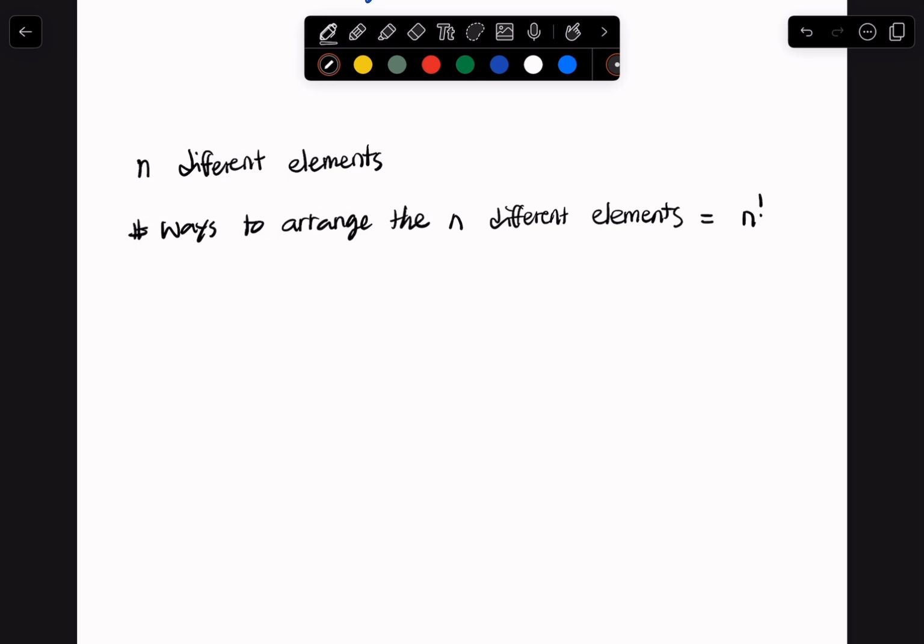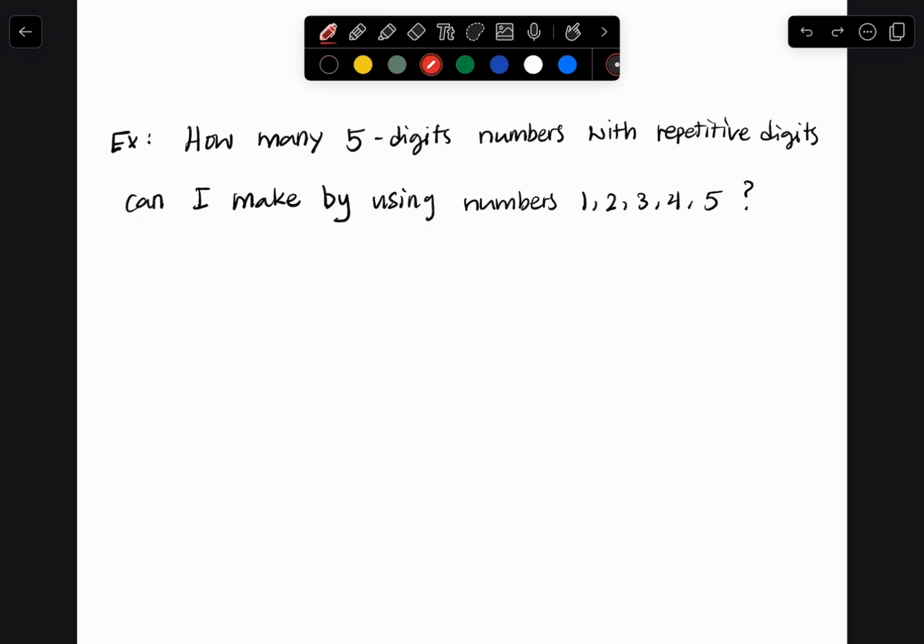Okay, so now let's have an example to enhance our understanding. This question is asking us how many 5-digit numbers with repetitive digits can I make by using the numbers 1, 2, 3, 4, 5. Let's have an example. First of all, I need to have 5 digits. So let's draw 5 places first.